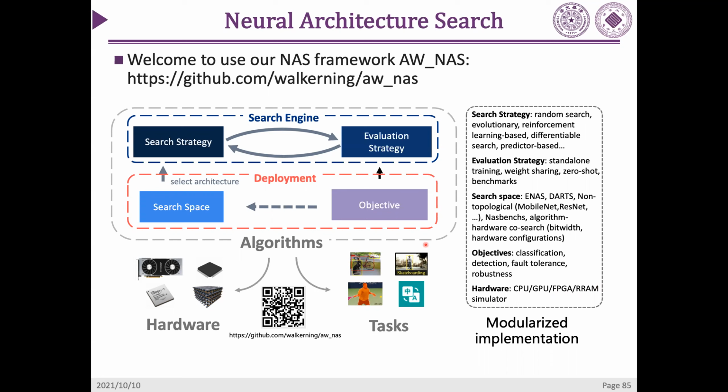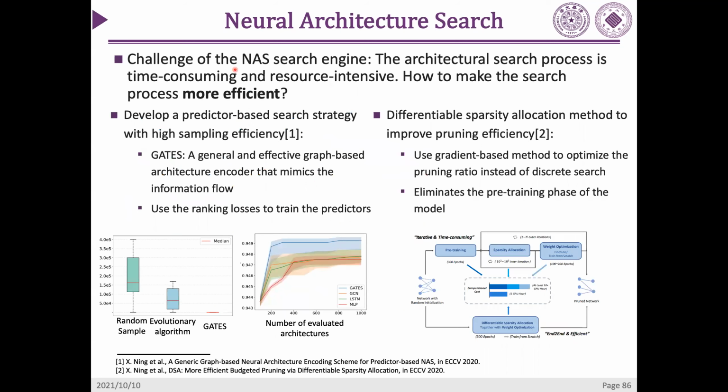For this part, we find that the challenge of the NAS search engine is the architecture search process. That means you need to iterate for a long time in a very large search space. It is very time consuming and resource intensive. So how do we make the search process more efficient?